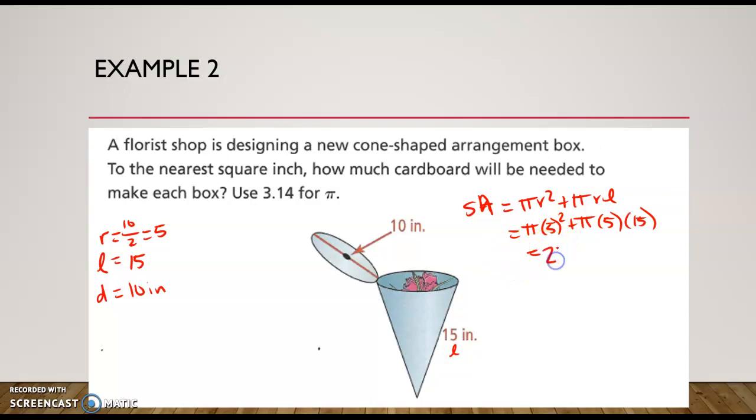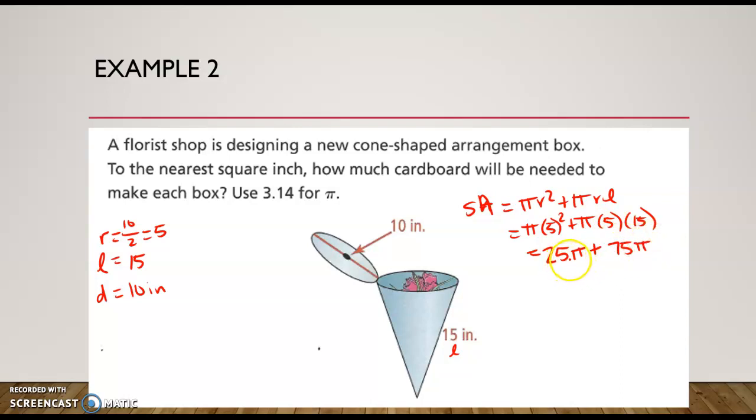It just, to me, I can work faster thinking of pi almost like a variable and combining like terms where viable, as opposed to having to multiply it by 3.14 and having to keep track of the decimal all the way through. So 5 squared is 25. So right now I have 25 pi plus 15 times 5 is 75.